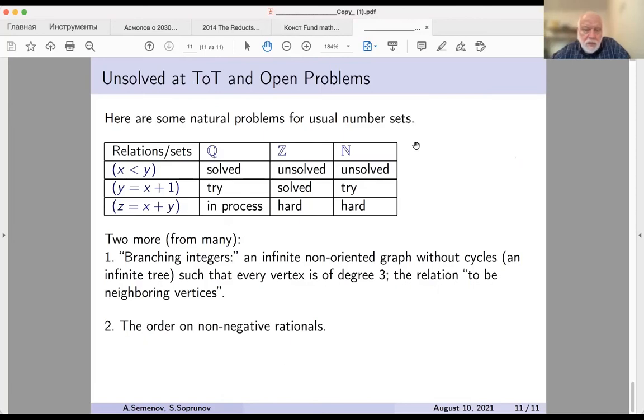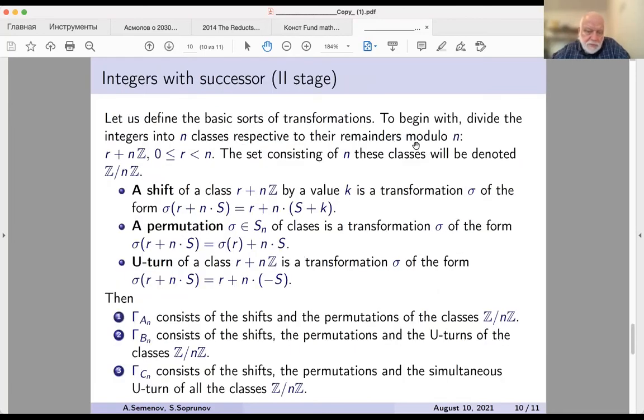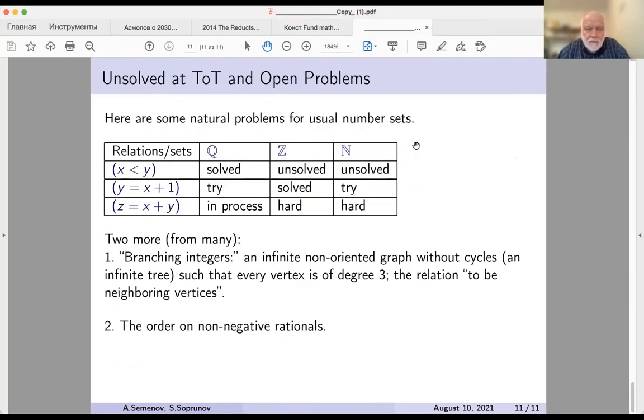And now, yes, so that's it about the second case, which we considered in our project. And now we try to construct, together with other participants, the set of open problems, or problems which were unsolved in our project. Again, looking for the numerical sets of numbers, you can have Q, Z, and N naturals.